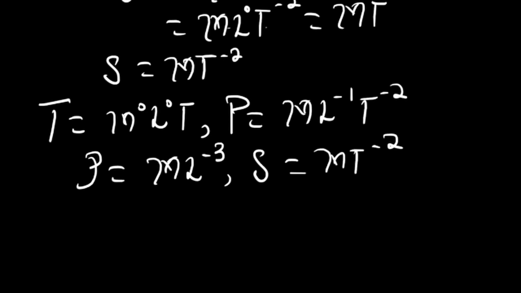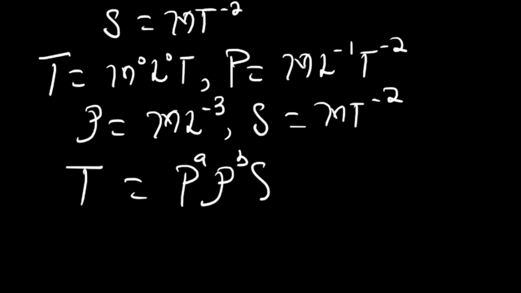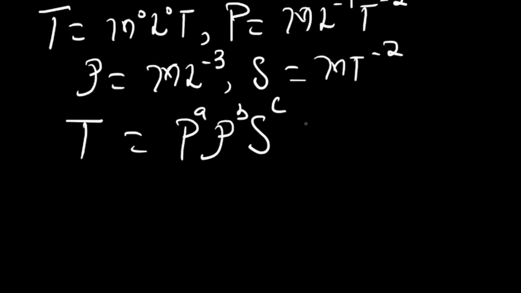And having found this, we can now do this. We have to open a bracket. Let me copy down the equation again. The equation says T is equal to the hydrostatic pressure raised to the power A, the density to the power of B, and surface tension to the power of C. Now, let's solve it together.